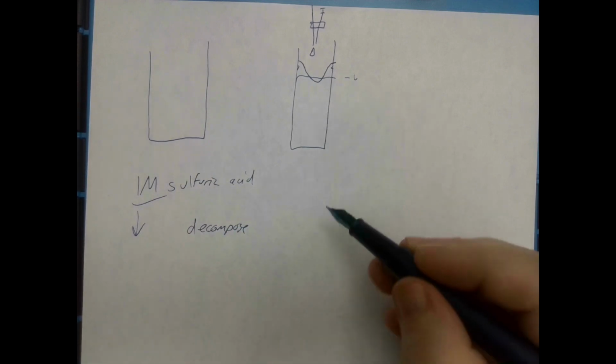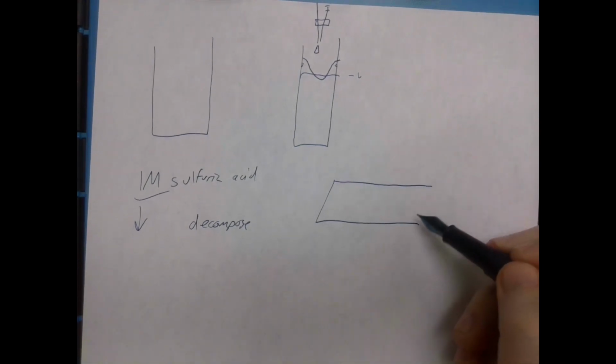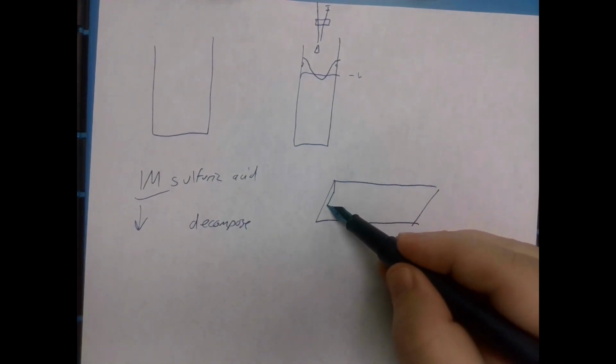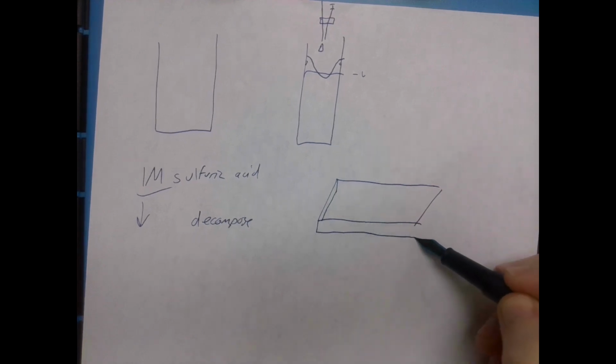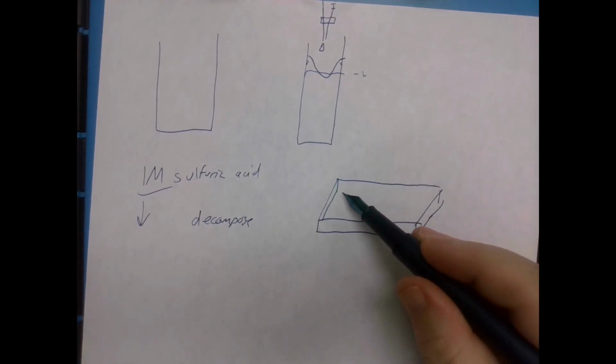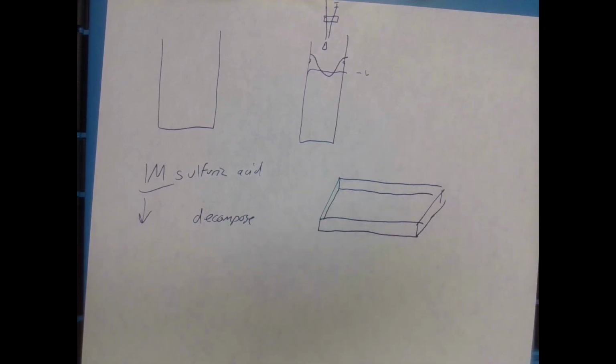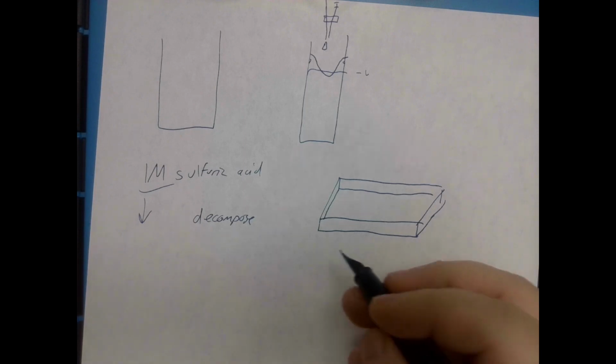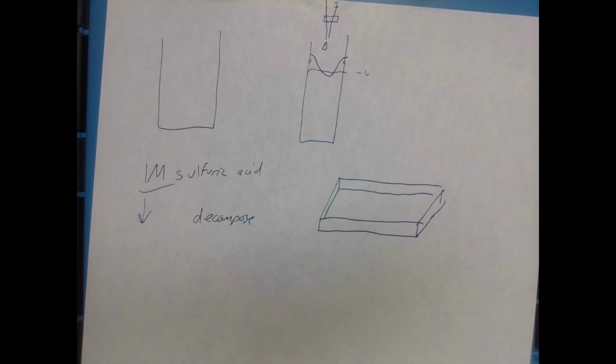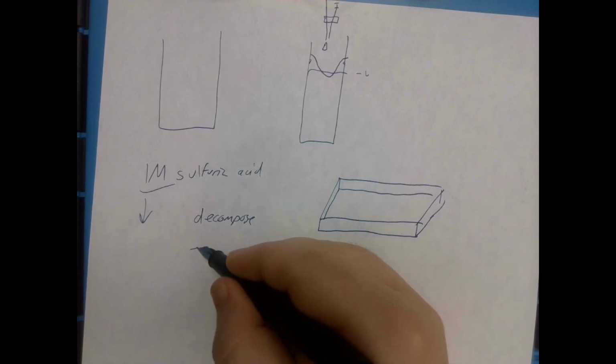What else? What would happen if I took a giant pan and filled it with Coke and left it out in the sun for a few days and came back and poured it back into my Coke bottle and drank it? Would it taste any different? What would happen? Well, ignore the carbonation. Evaporation of water.